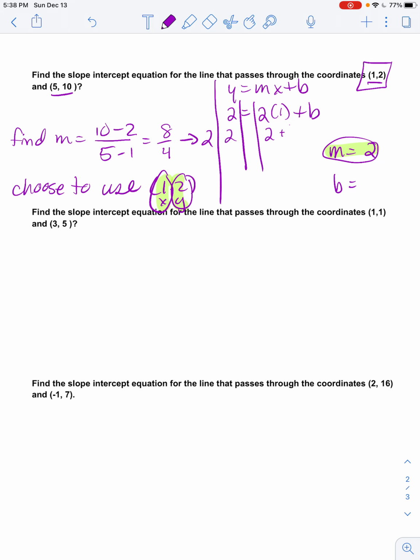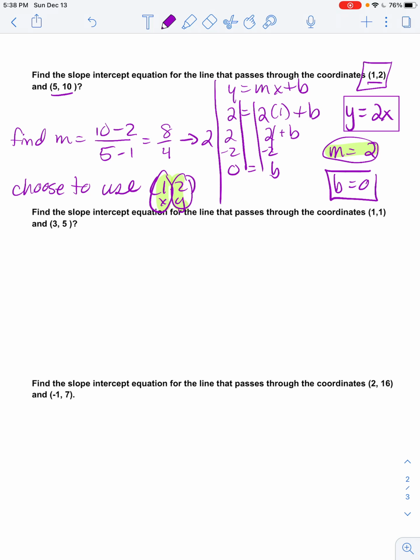This turns into 2. To get rid of the 2, I need to subtract it. So this one ends up with a b value of 0, which is totally legit. So then when I go to write my equation, I'll have y equals mx, and then I'm not going to write plus 0 because that mathematically doesn't make any sense. So I'm just going to quit at y equals 2x.